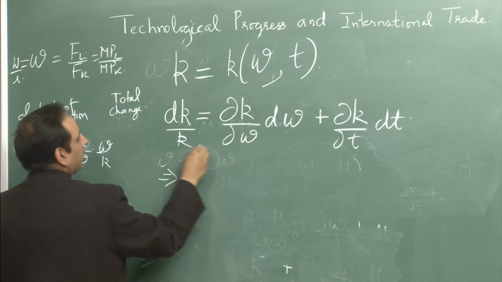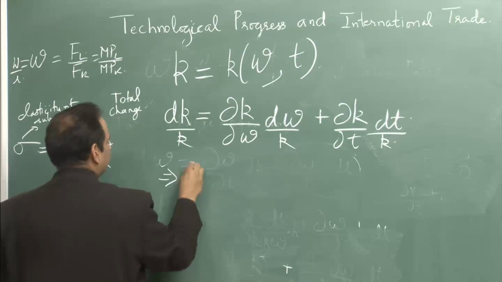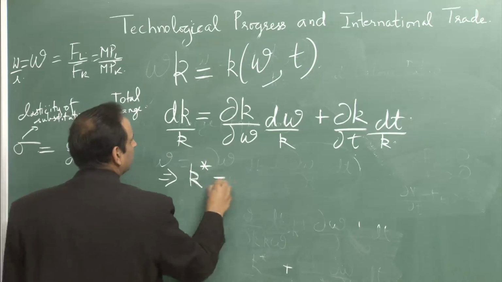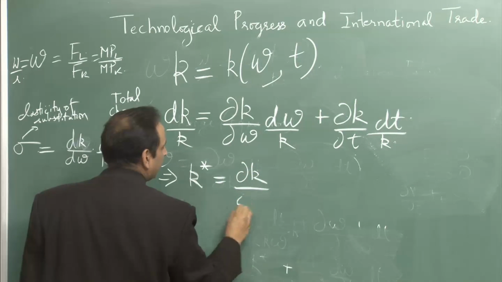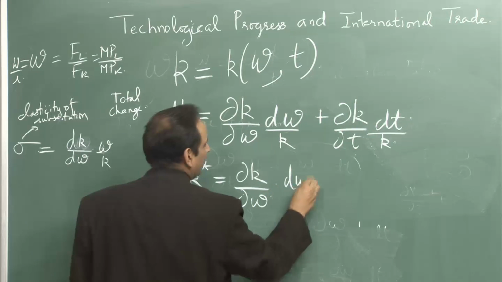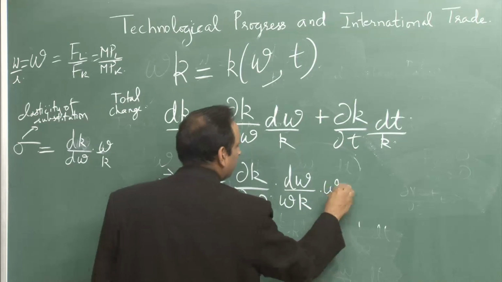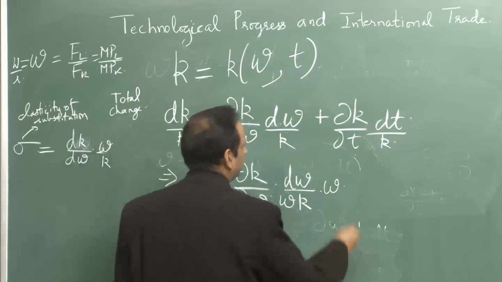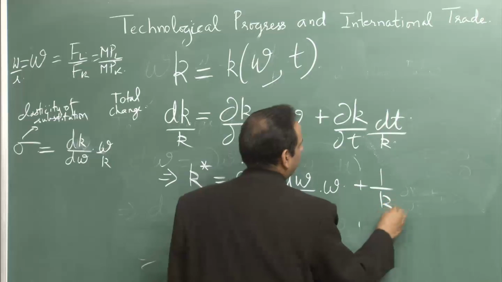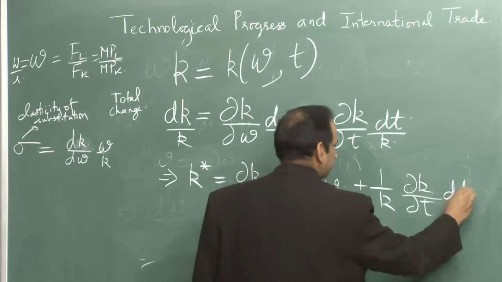Now, divide by K throughout. So, this becomes K star. Now, this is del K by del omega, d omega by K, you can write it as omega into omega star, plus 1 by K del K by del T dt.